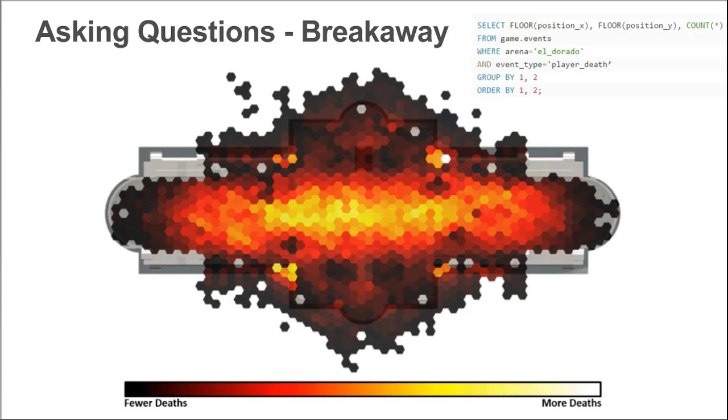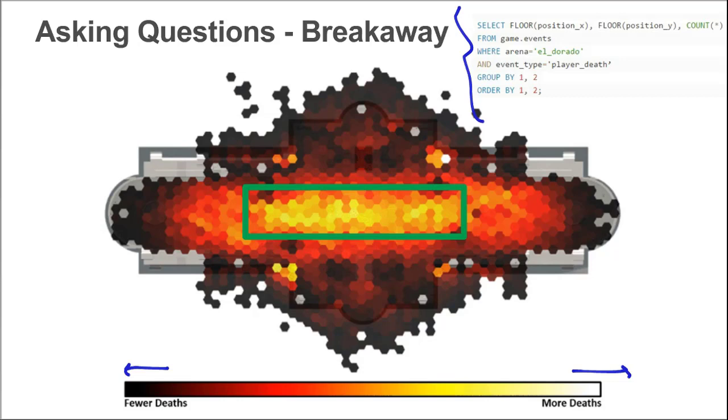This is the SQL query they use to generate this particular map, and it creates these meter by meter hexagon squares of the number of deaths. The fewer deaths are the darker areas down here, and with more deaths, you get to the lighter colors up here.